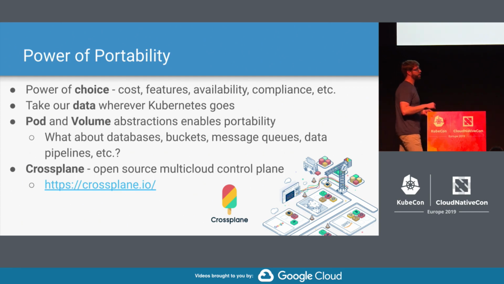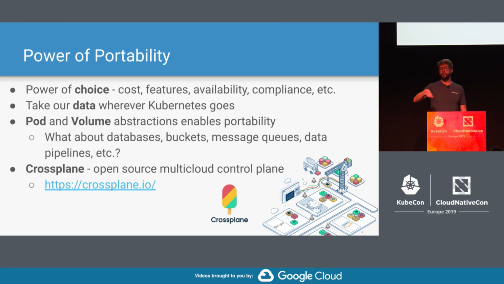And so I think that Kubernetes did a really good job at two different abstractions, the pod abstraction and the volume abstraction. So pods run containers, and that allows us to run our applications basically anywhere Kubernetes runs. And then volumes provide us with, if your pod needs persistent data, and all it needs is a file system or a block device, then volume is the great abstraction that Kubernetes made, so your pod doesn't have to know where that data is coming from.